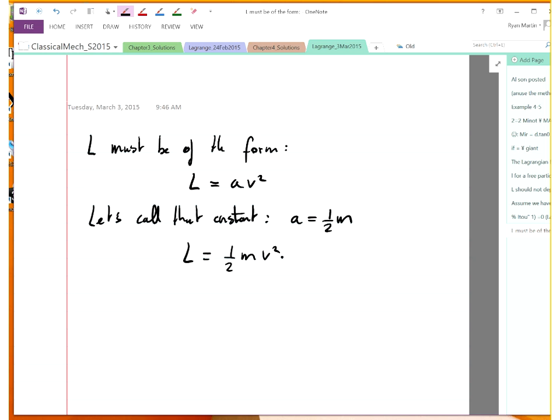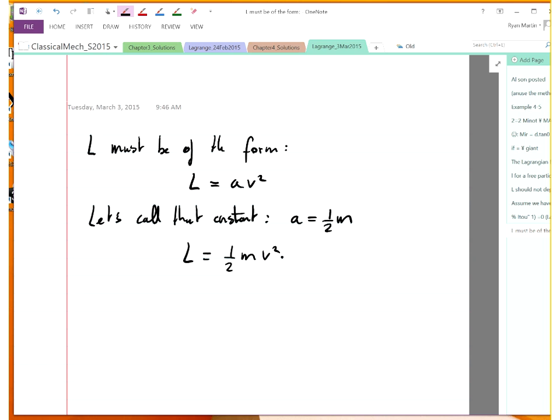And so the point here is that whatever that constant is, it doesn't matter, right? We can use whatever units we want, and so we can choose something that works with what we're already used to, and we can call that constant a half m, where m is the mass of the particle. And then L is equal to the kinetic energy. But A did not have to be the mass of the particle.